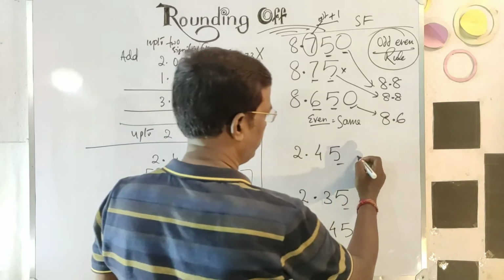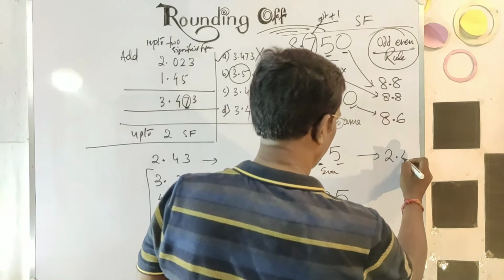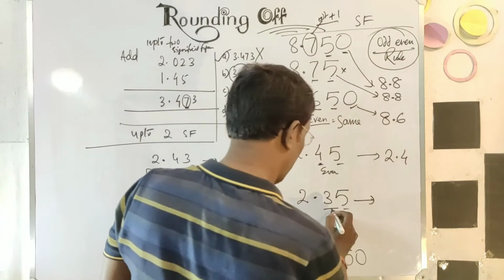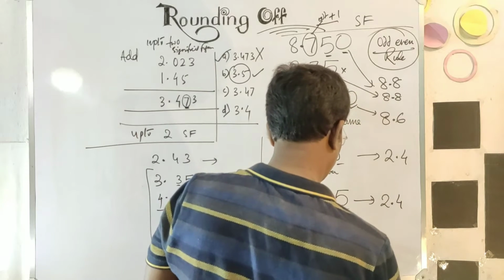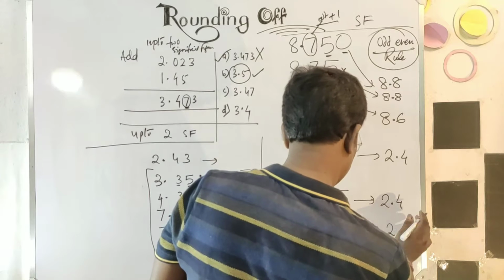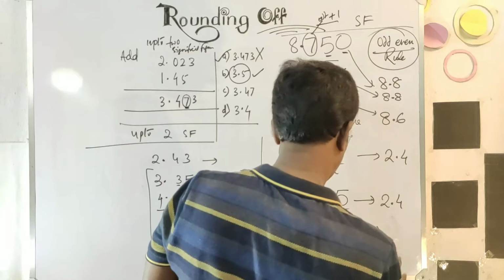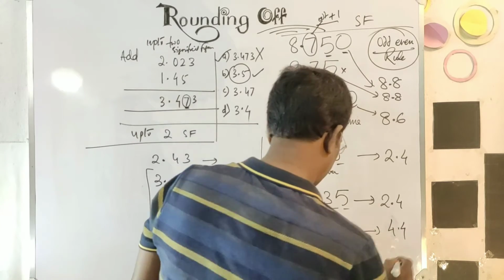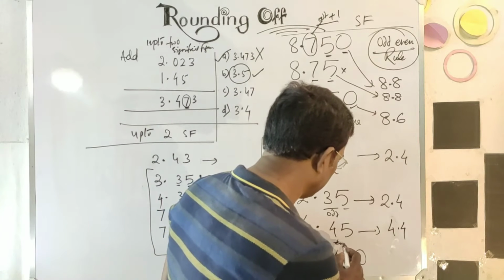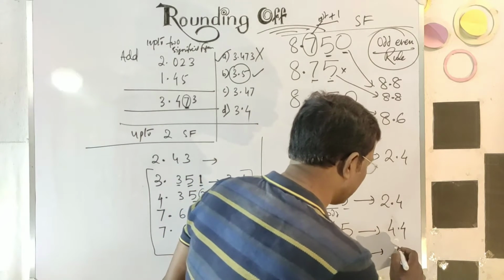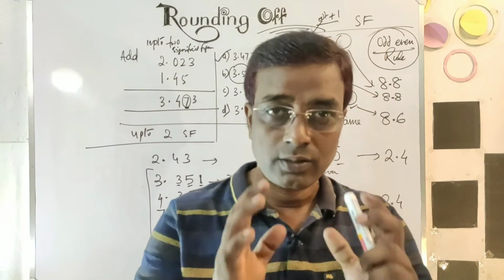Now here 2.45, very easy, as it's an even number, it will remain 2.4. Take care, for an odd number, plus 1. 2.4, this is an even number, it remains the same, 4.4. And here 4.450, again an even number, both cases are even, no change at all, we'll keep 4 intact as it is, 4.4. I hope you are quite comfortable so far.